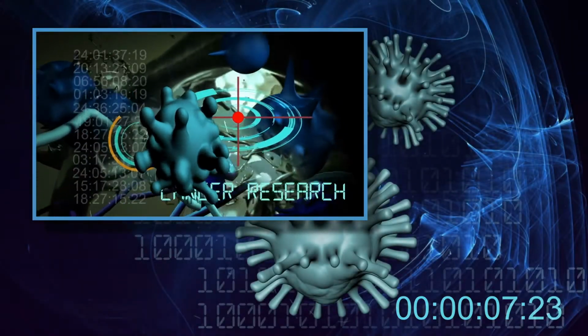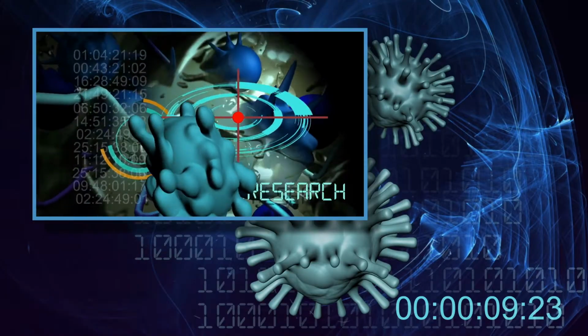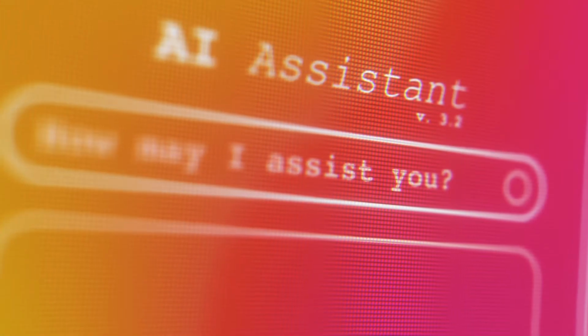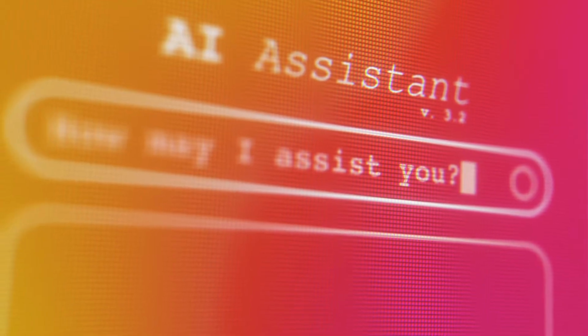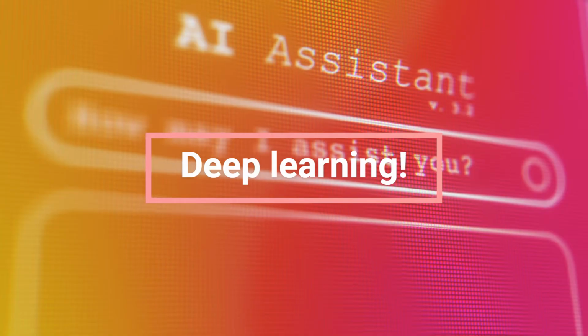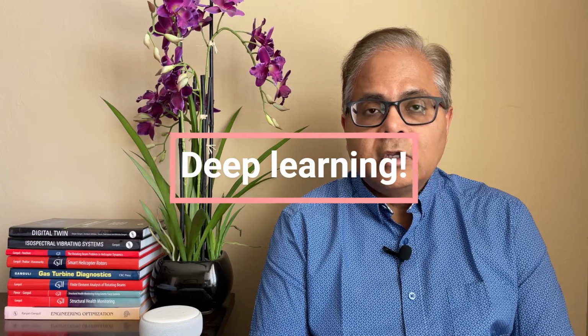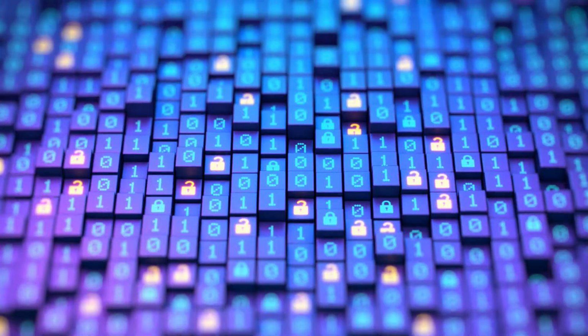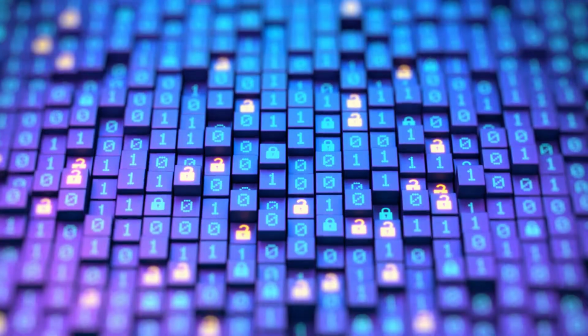So one of the things which have been going on in neural networks is of course the concept of deep learning. So what happens here is that instead of using one input layer, one output layer, and one hidden layer or so on, you use many hidden layers. So that is the depth of the neural network. So essentially, when you have a lot of hidden layers in the neural network, you have a deep neural network.